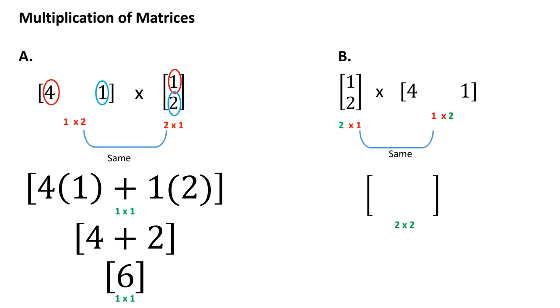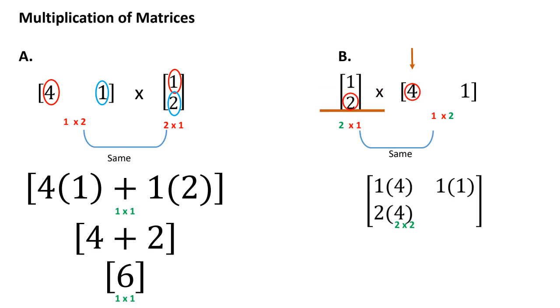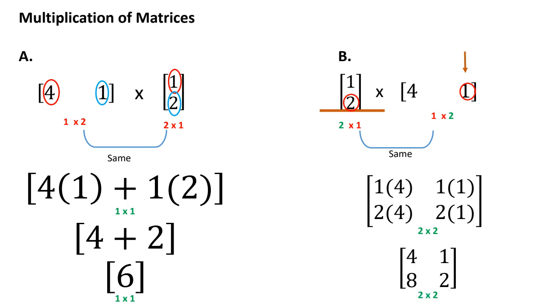The way I multiply this is row times column. 1 times 4, then 1 times 1, and then I do the second row: 2 times 4 and 2 times 1. So 1 times 4 is 4, 1 times 1 is 1, 2 times 4 is 8, 2 times 1 is 2.